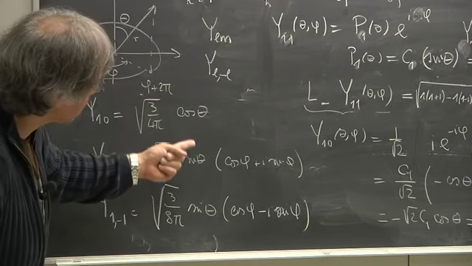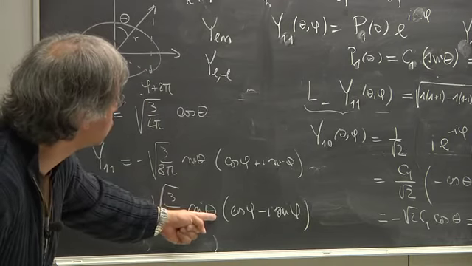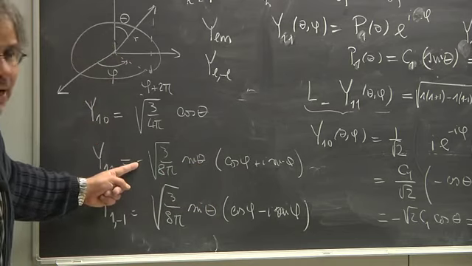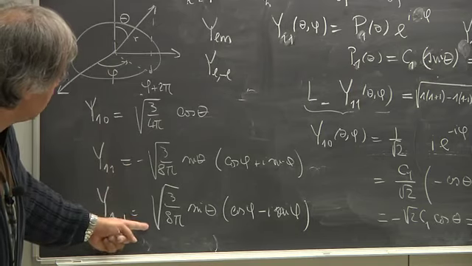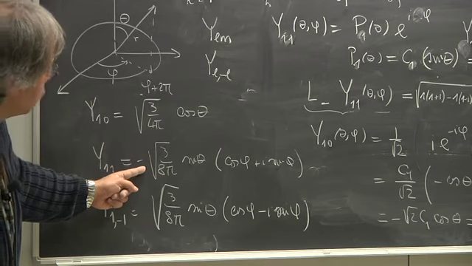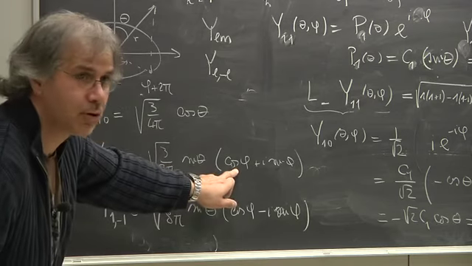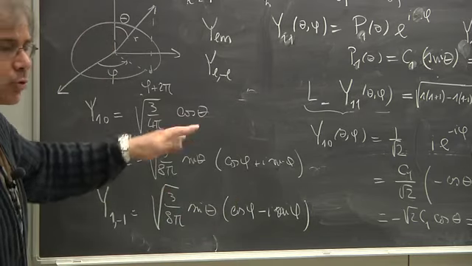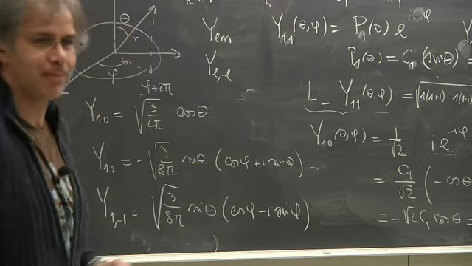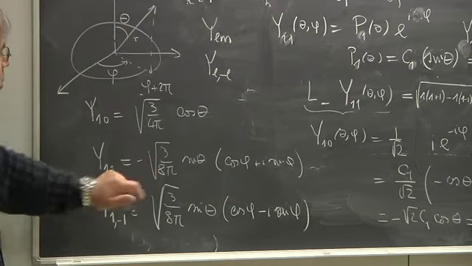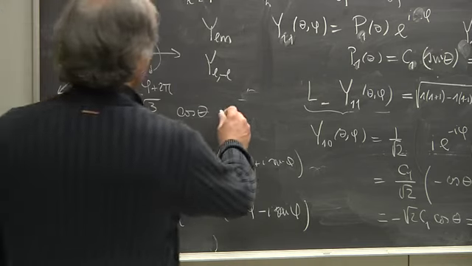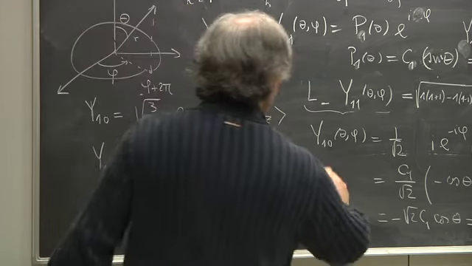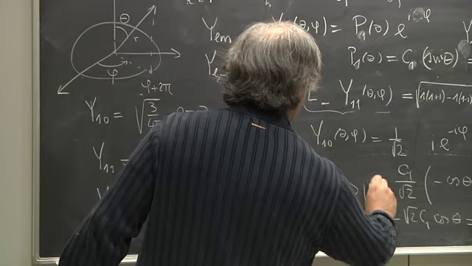And indeed, if you take appropriate combinations, for instance, this minus that, because there is a minus hiding here, and you divide by square root of 2, you get sine theta cos phi. And if you sum it, divide by square root of 2i, you get sine theta sine phi. In other words, by appropriate combination of these two objects, you get states where this object you can call the state p_z, and you can form here a state p_x and a state p_y.